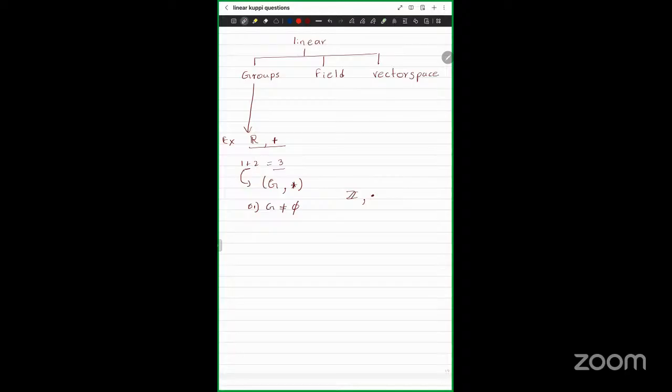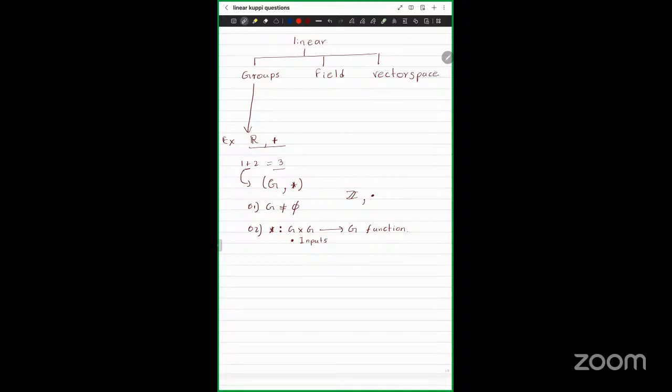The second condition is that if we perform that operation on the set, it should be a function. The function means we have to take the inputs from that set.